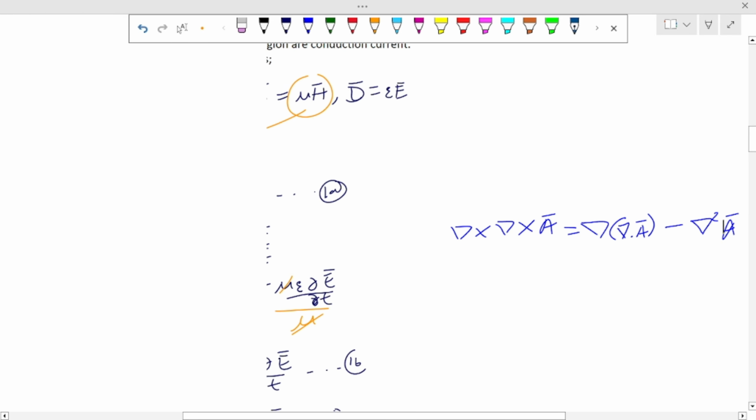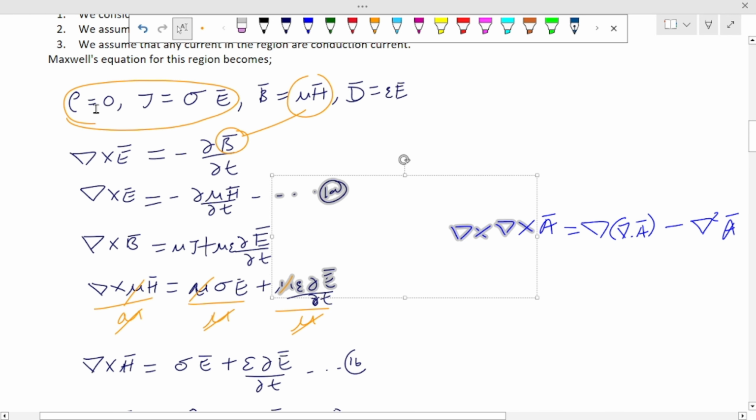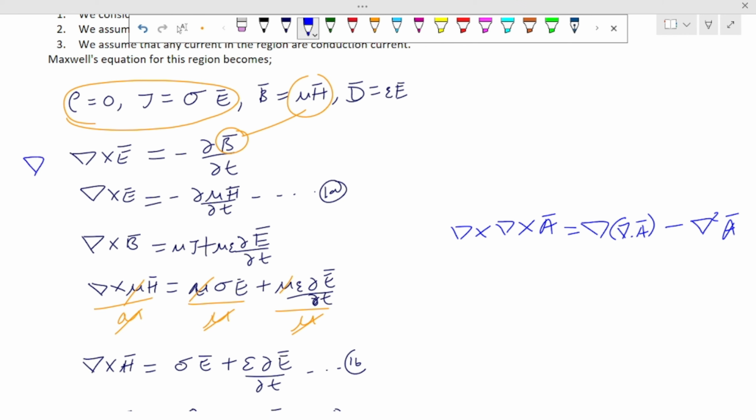Now looking at this guy here, if we take the curl, which is adding nabla cross, this part will look exactly like this. That is, if we take the curl of this, now this guy looks like this. Are we seeing it now? But of course, what you do to one side of the equality sign, you should also do to the other side.